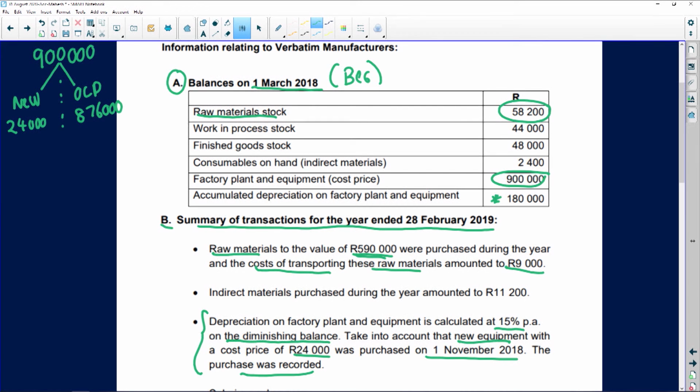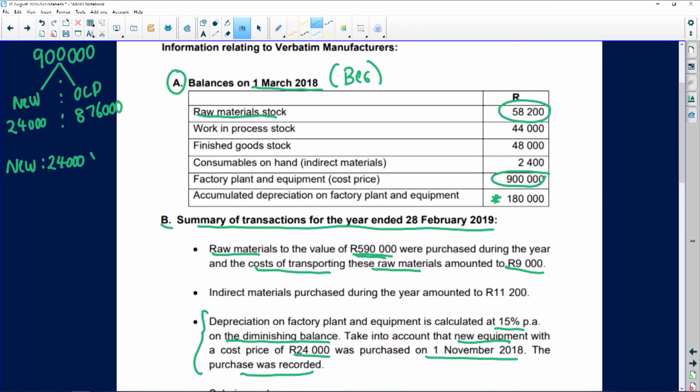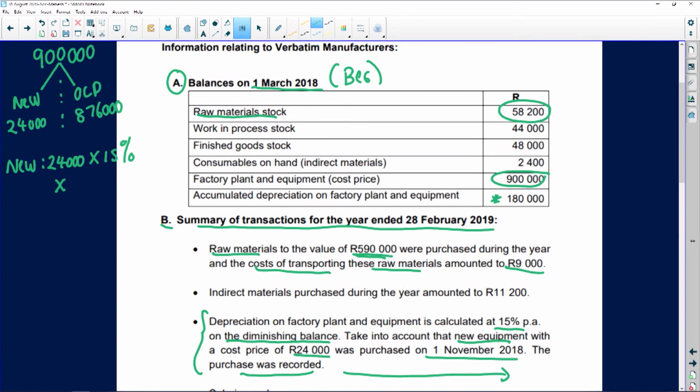$876,000. So let's calculate depreciation on new first. So remember, $24,000 is my cost. Obviously, there's no accumulated depreciation to subtract because it is new. So I'm going to multiply this by the rate, which is 15%, and multiply it by the number of months that this asset was owned by the business. So remember, your financial year ends on the 28th of Feb 2019, and this equipment was purchased on the 1st of November.